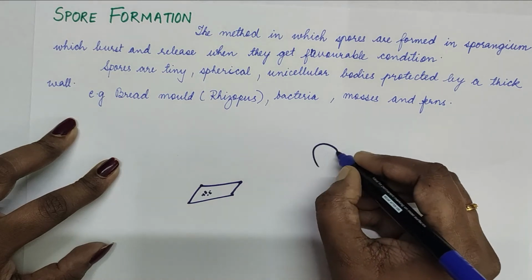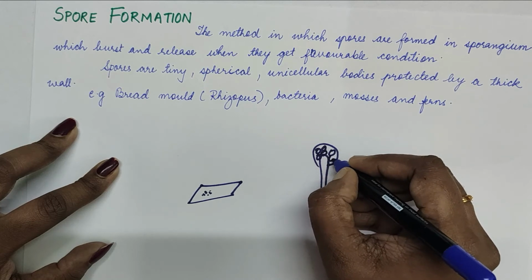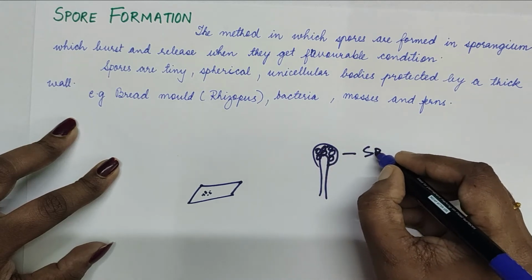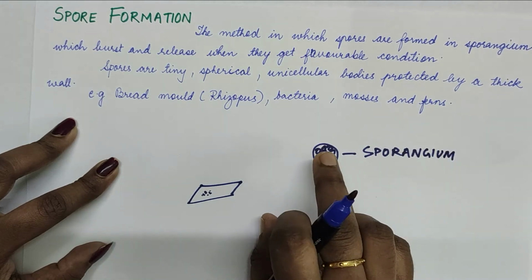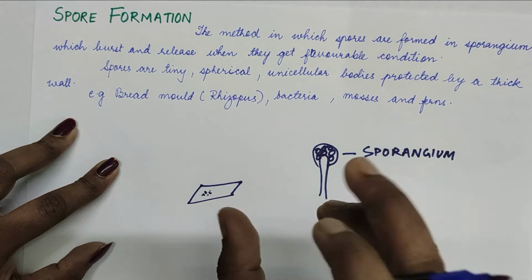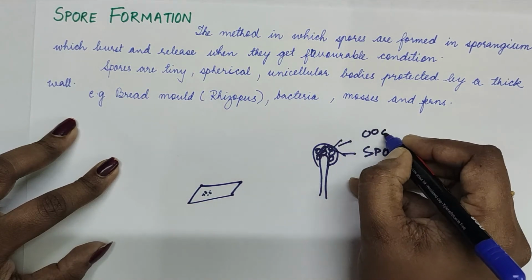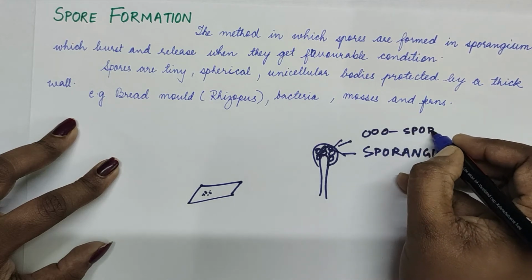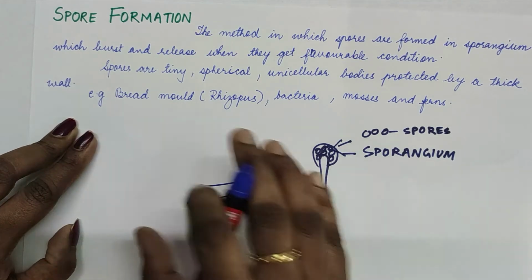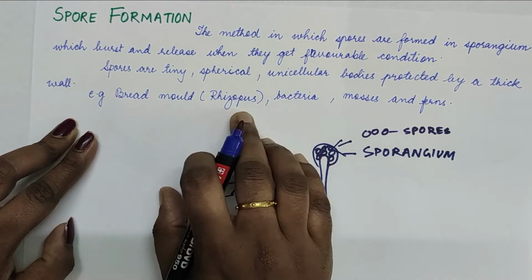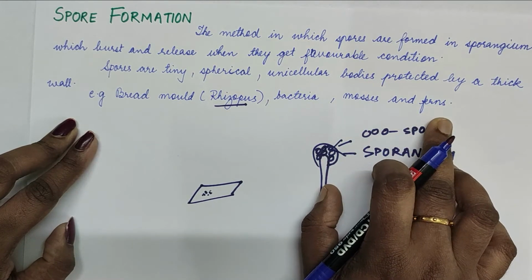If I draw a sporangium, it looks like this, and there are many spores inside it. When they get the proper conditions, they burst open and the spores are released, and they can again grow into a complete individual. This happens mostly in bread mold or Rhizopus, bacteria, mosses and some ferns.